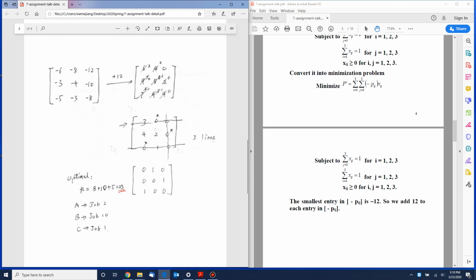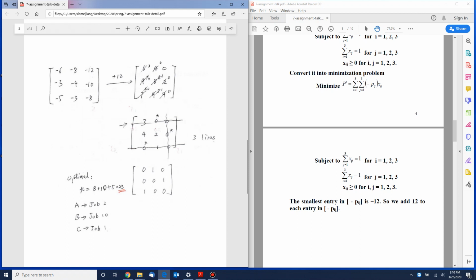Now you just look at it, the first column is 6, 4, 3, and then the second column is 4, 6, 5. And then the last column is 0, 0, 0.